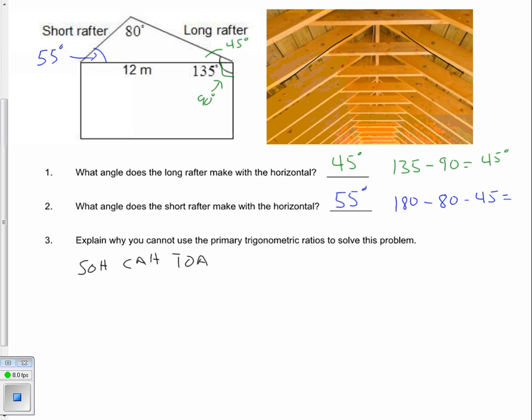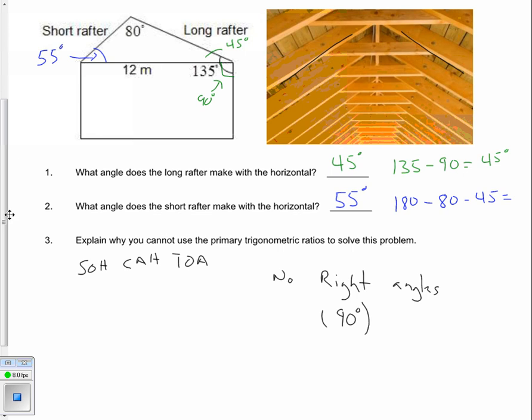Why can we not use any of these? The reason we can't use any of these is that there are no right angles. There are no angles that equal 90 degrees.